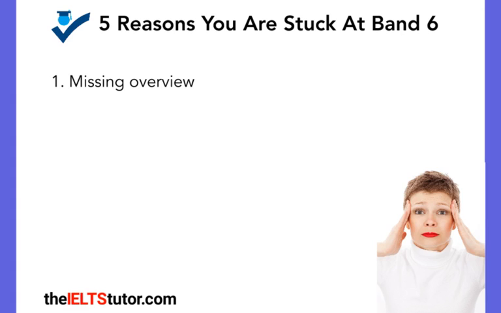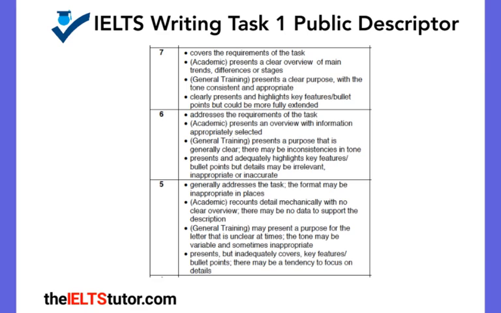The reason why I feel this is the most important thing that you need to do is that if you are missing an overview, let's take a look at what the public descriptor here shows. Now, this is more or less what your examiner looks at as they mark your paper.